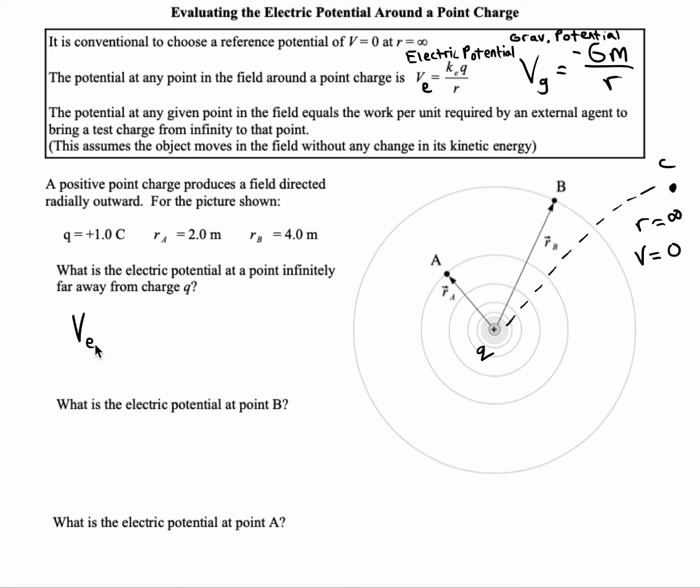The electric potential at point C will be 9e to the 9 Newton meters squared per Coulomb squared times the charge of Q, which is 1 Coulomb. And then we'll divide by the radius of infinity. But if you divide a finite number by infinity, you're going to get 0.